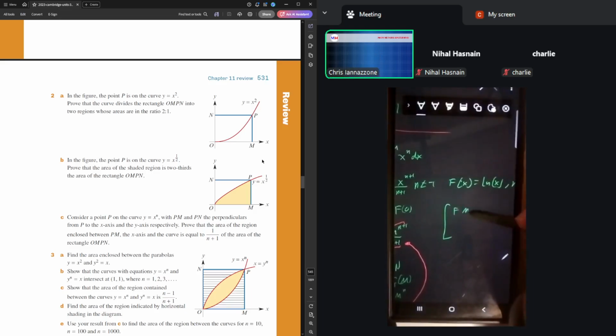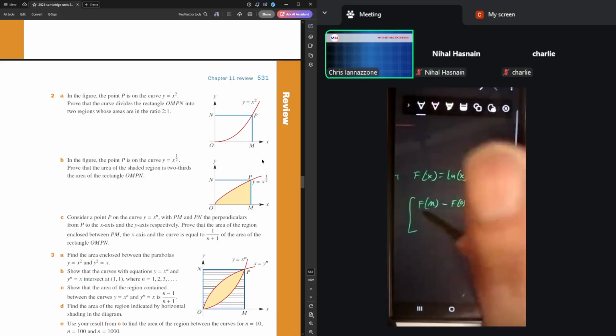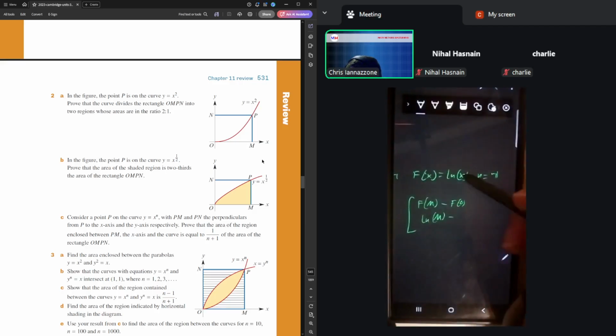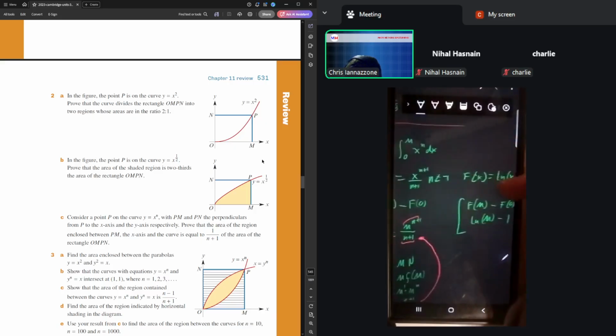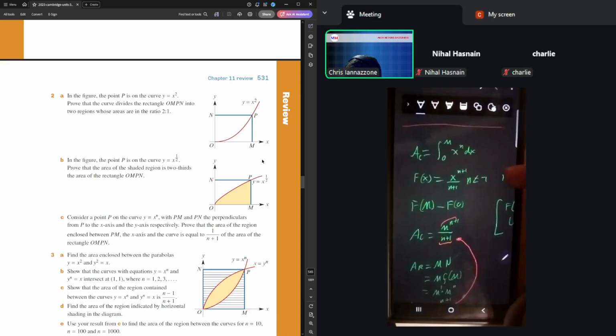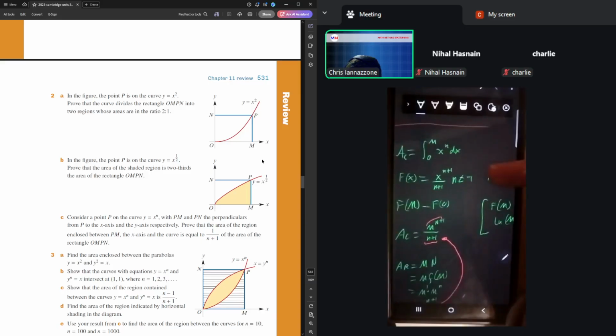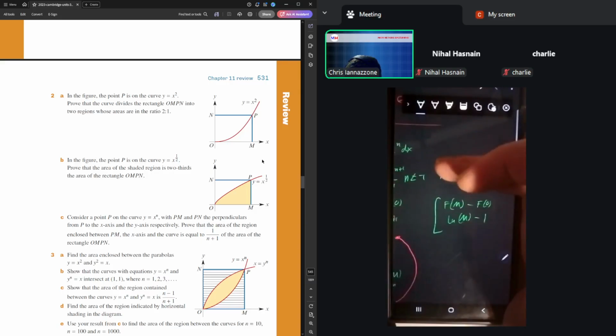Capital F of m minus capital F of 0 would be natural log m minus natural log 0. Where would you go from here?